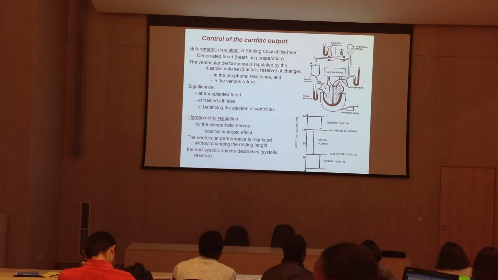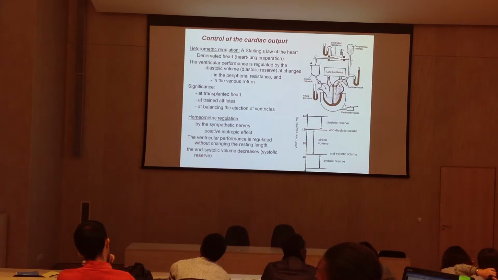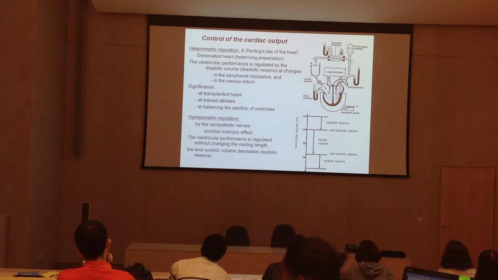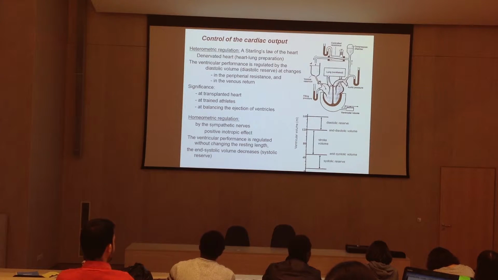Okay. This is called the Starling law. The Starling law is the same as the heterometric regulation, regulating the stroke volume by increasing the resting length. These are the same phenomena.